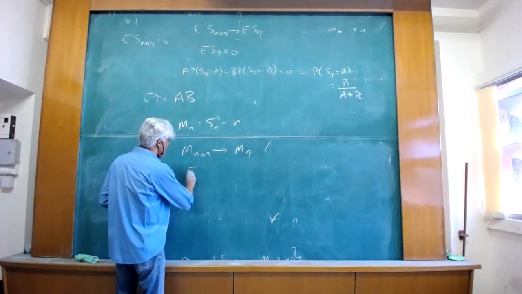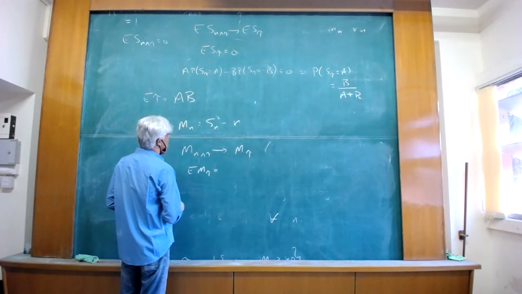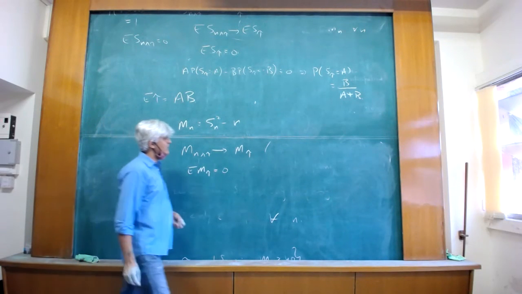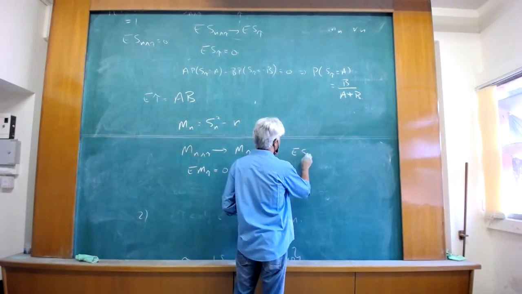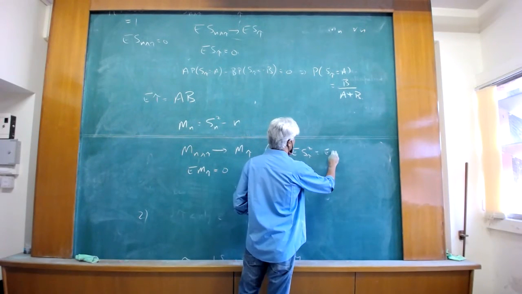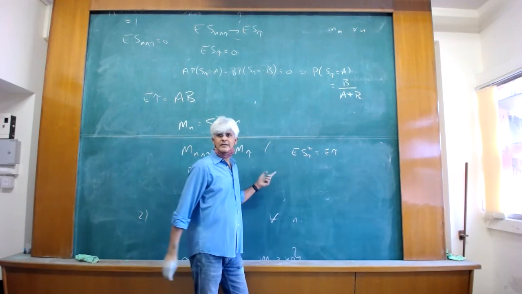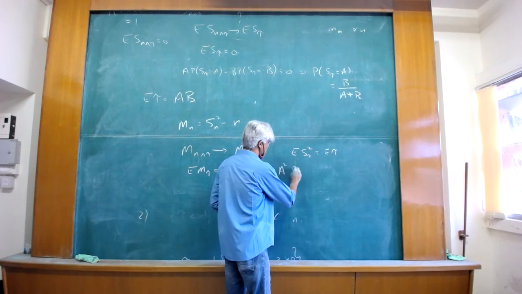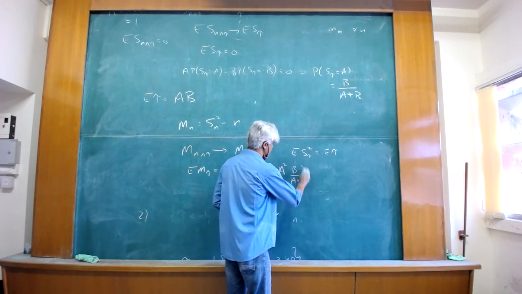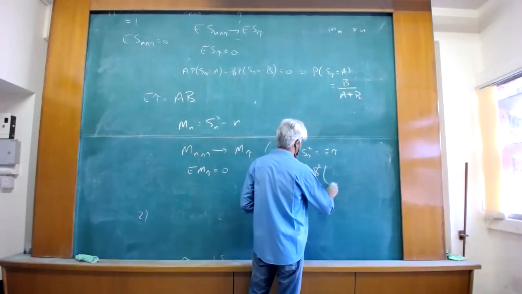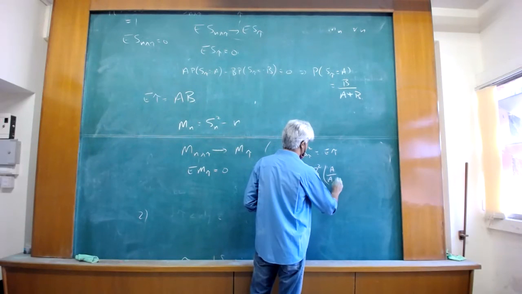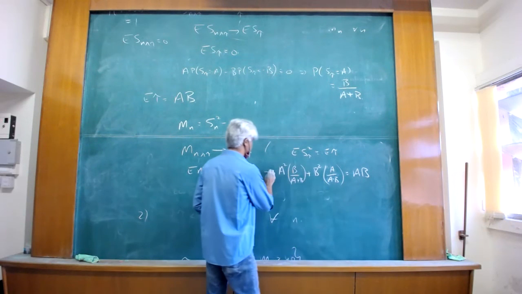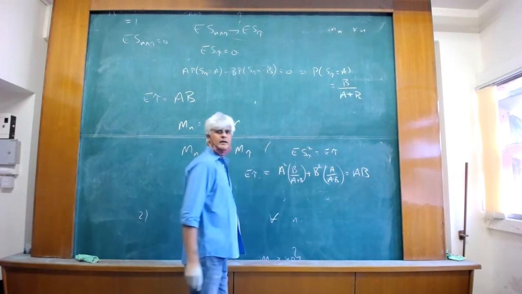So I get that E of M of tau is also going to be equal to 0. Okay, so I have E of S tau squared minus E of tau, right? And this I know, this is just A squared into B upon A plus B plus B squared into A upon A plus B. And that gives us E of tau equal to AB.